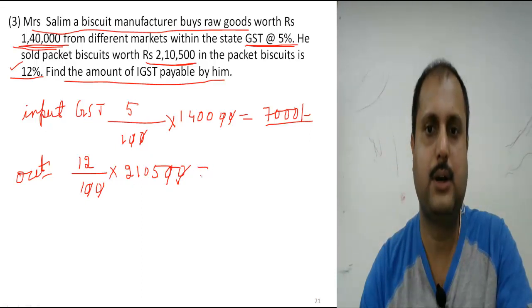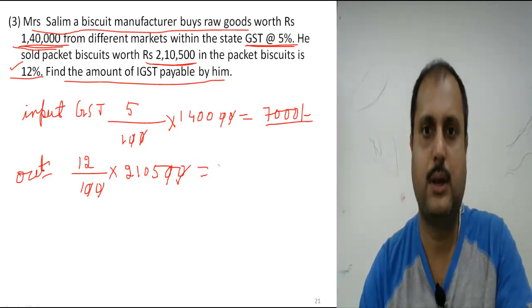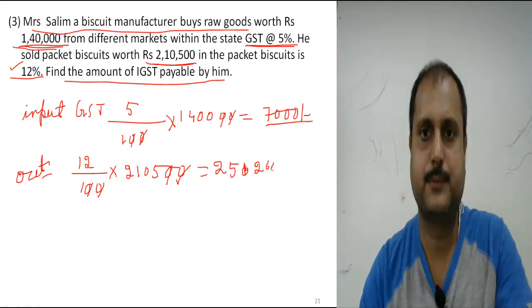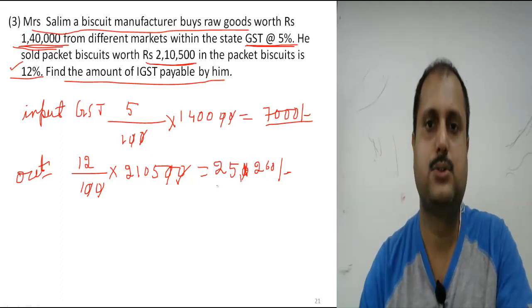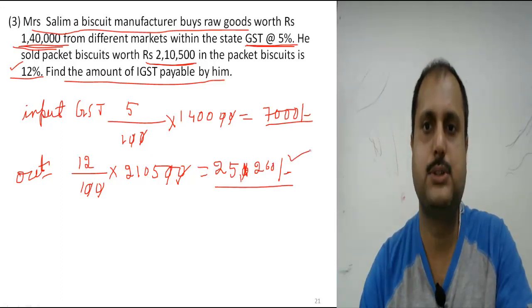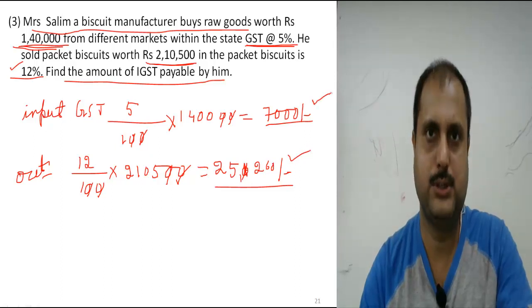Now you can find out the amount. So the amount is 25,260. So you can find out this output GST is more than the input GST.